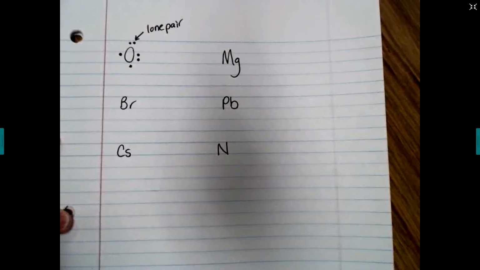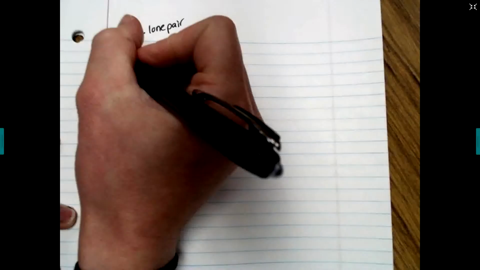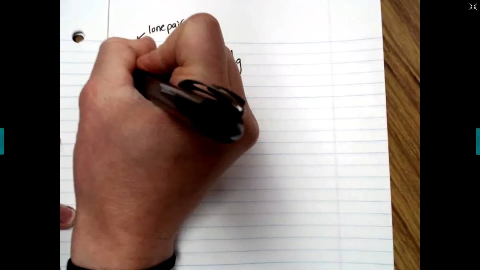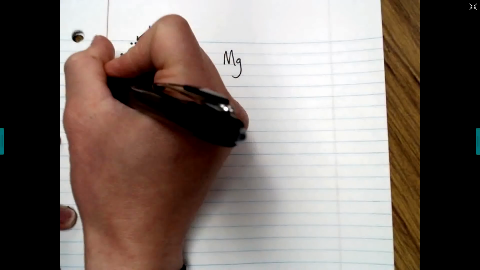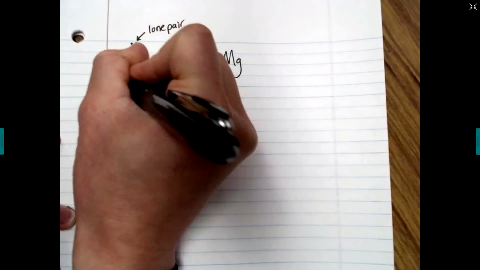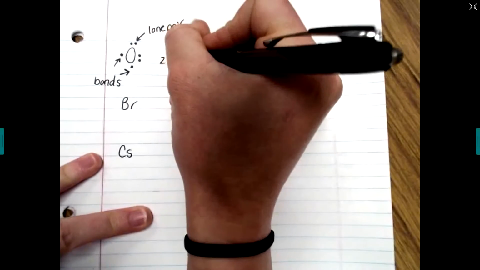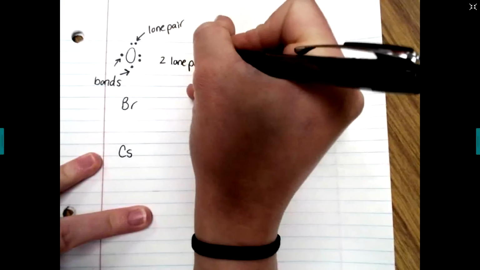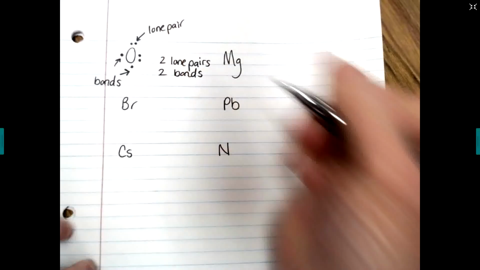That's a pair of electrons that is not going to bond because it's already paired up. It's already stable. Now those are electrons that are not paired up, so that's where bonds will form. So we would say that oxygen has 2 lone pairs, and it can form 2 bonds.